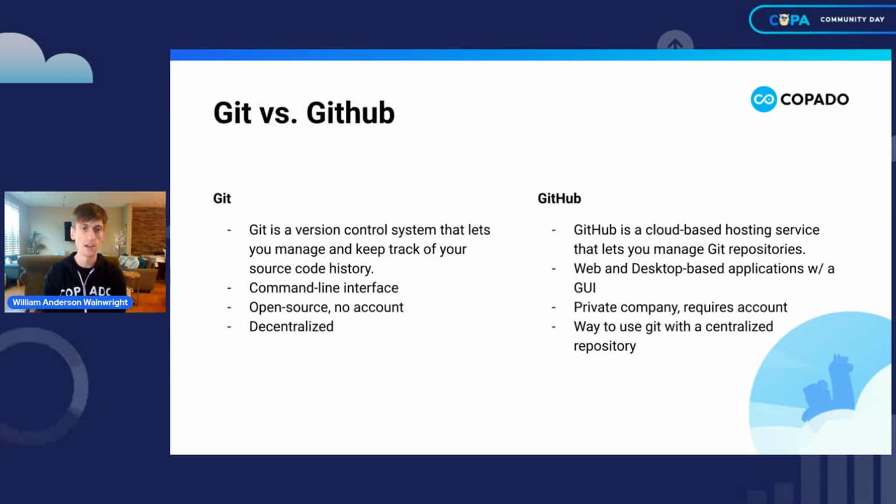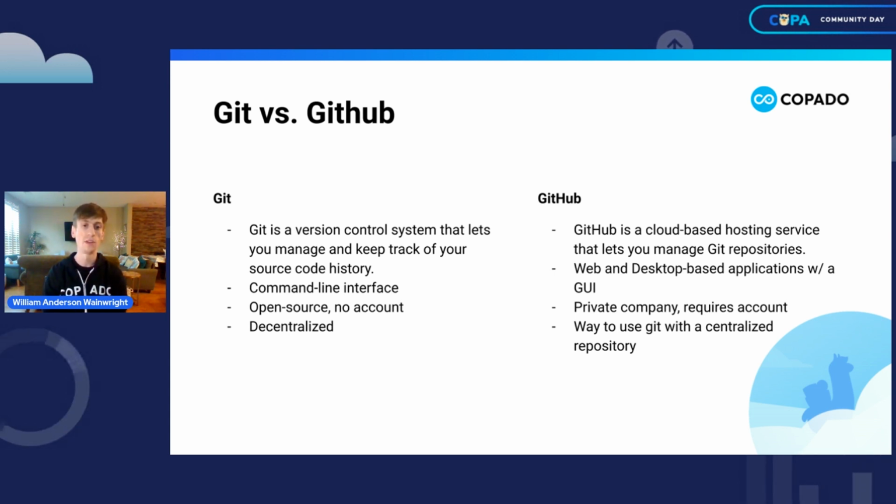So the first important distinction that I think is useful to make is between Git and GitHub. A lot of times people get these confused or mixed up. And so just for clarity, Git is a version control system that lets you manage and keep track of your source code. Whereas GitHub is a cloud-based hosting service that lets you manage a Git repository.